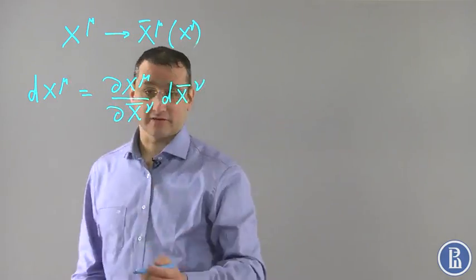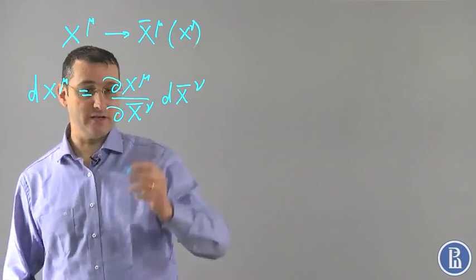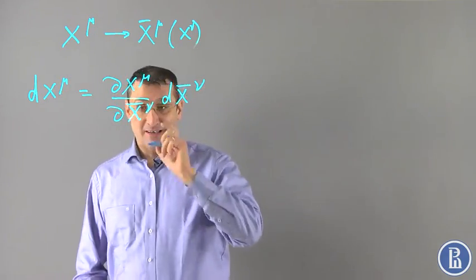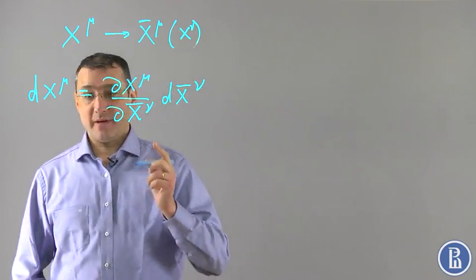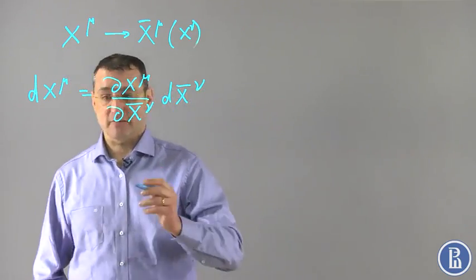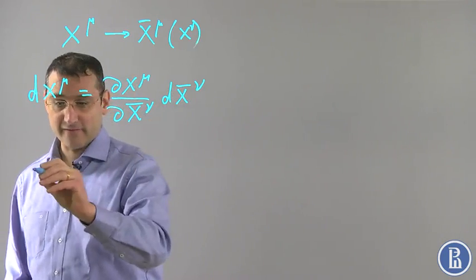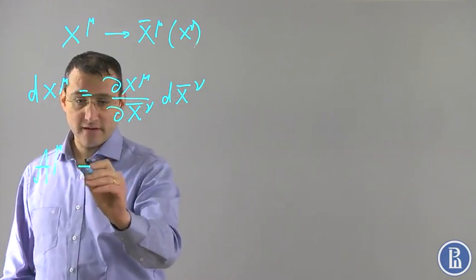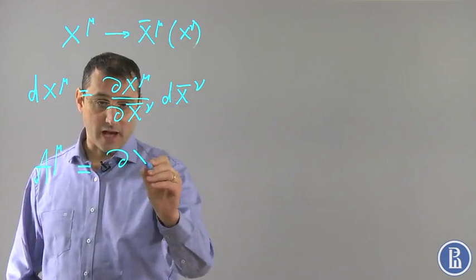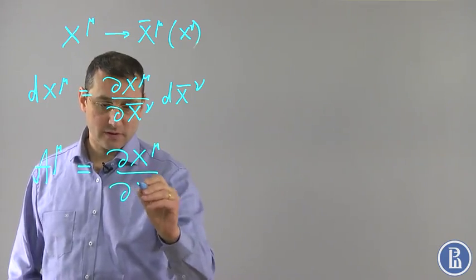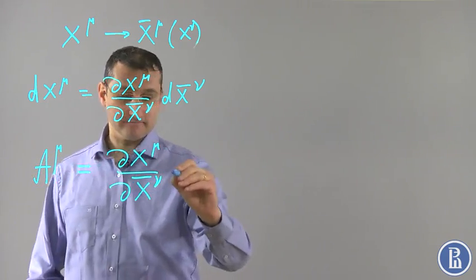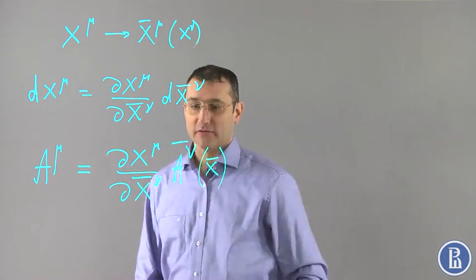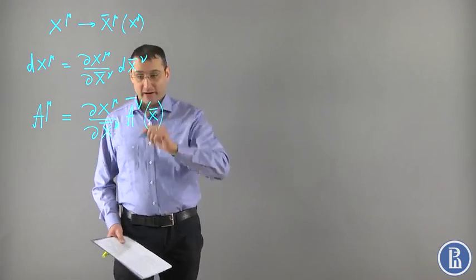This is a tautological transformation because if I divide both sides by dx bar nu, I just obtain equality between the same thing. But it is important to bear in mind that a vector is referred to as contravariant if it transforms in the same fashion. So the vector is contravariant, carrying an upper index, if it transforms as coordinates do. Such a vector is referred to as contravariant.